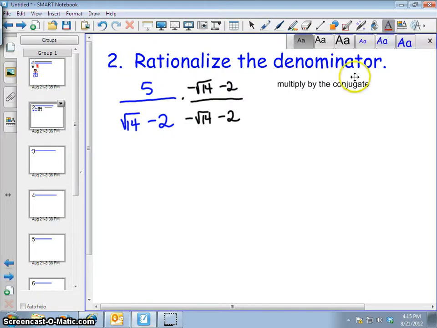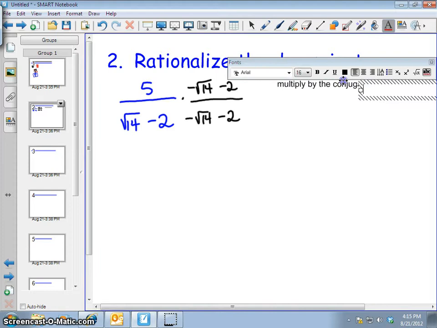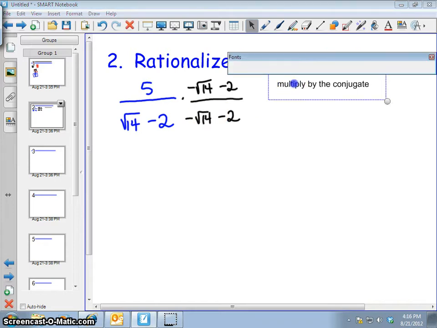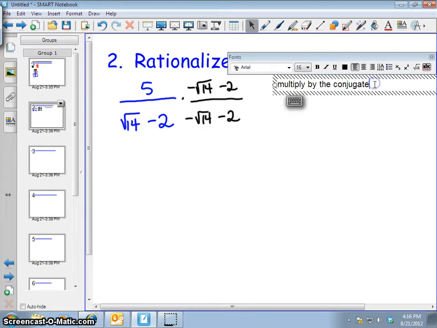The conjugate is always found by taking whatever the radical is and changing the sign. So we're just going to make a note here, change the sign of the radical.